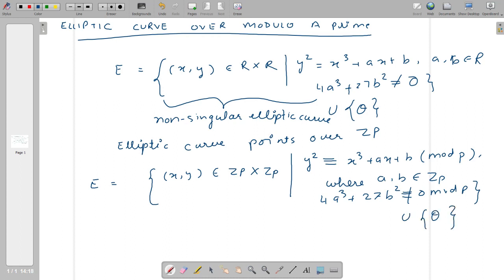So this definition of the curve E is known as a non-singular elliptic curve over Zp.